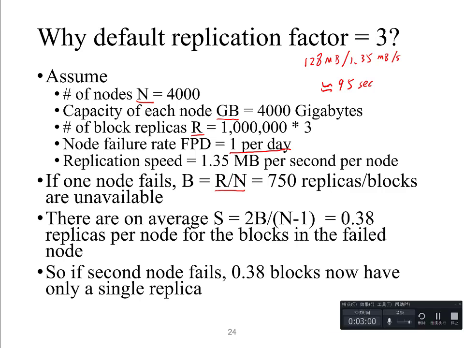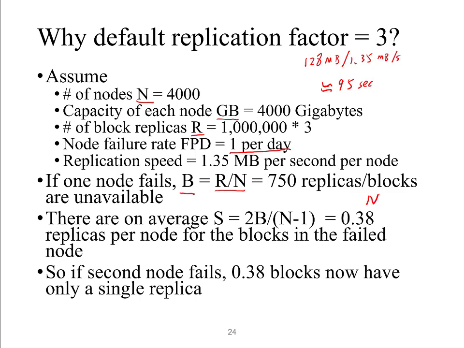We also denote this as B. So now we have N nodes in total, where one of them has failed. So we still have N minus 1 nodes that are alive, and we have B replicates in that one node.